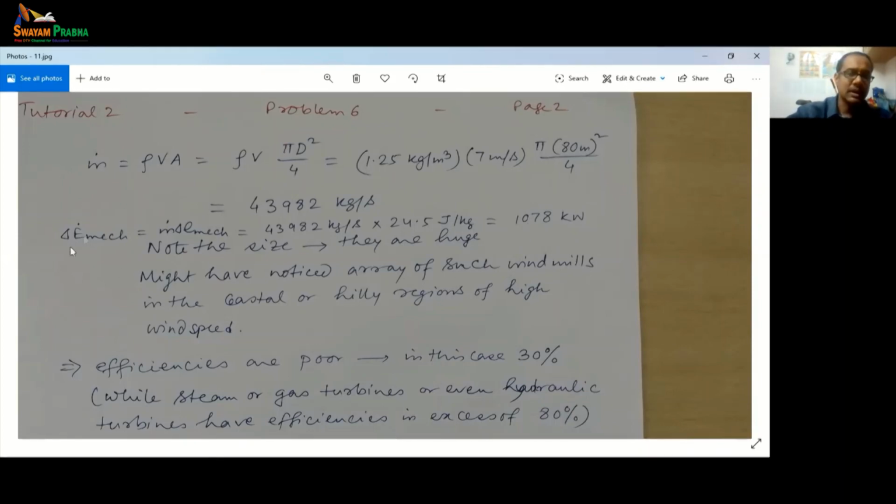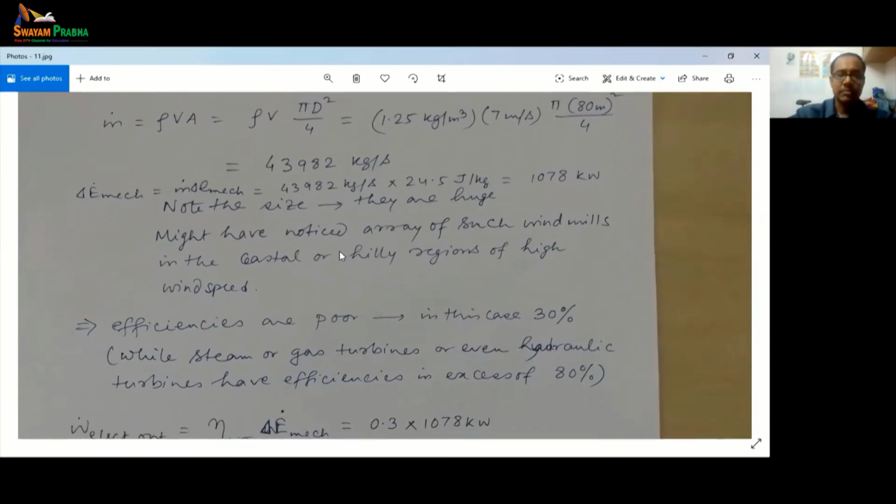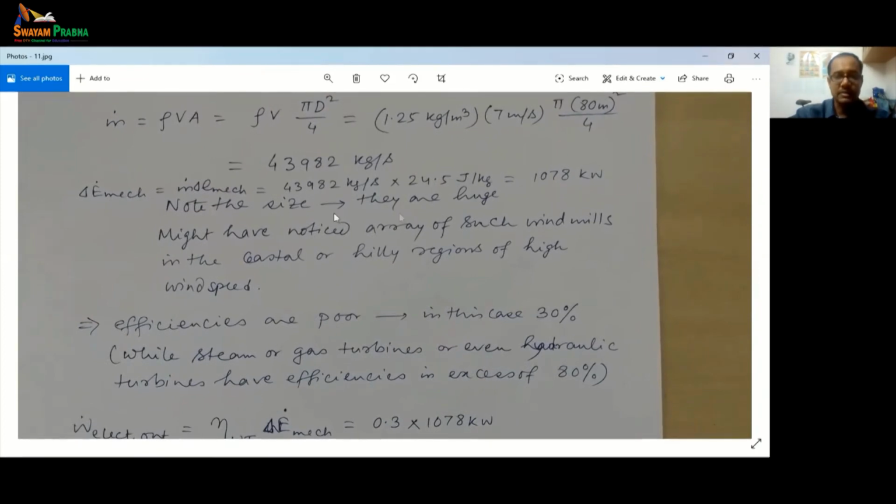So this is the delta of capital E dot mechanical. That means the available mechanical energy for the wind turbine to be harvested. We have not harvested yet. So this is the available mechanical energy, 1078 kilowatt or 1.078 megawatt.